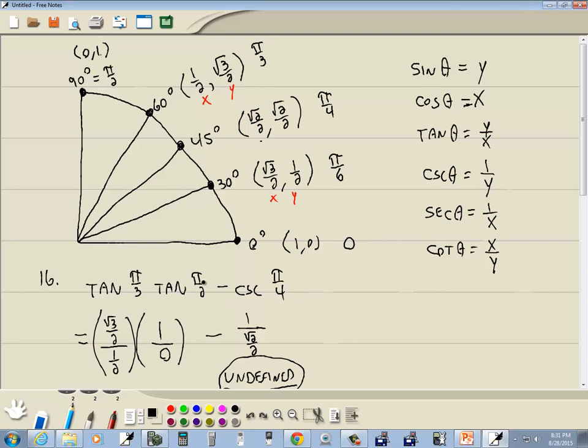Well, let me change that. I don't like the fact that I got a bogus problem. Let me put a 0 there instead. Okay, tangent 0. There we go.